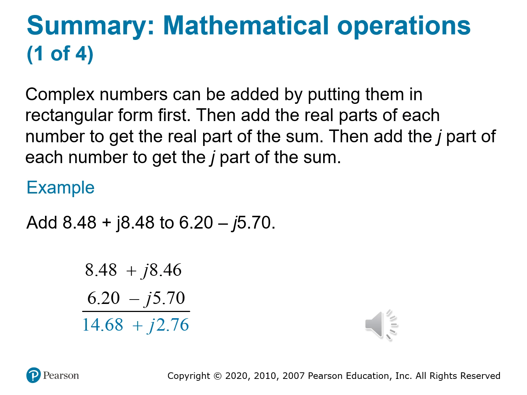Go ahead and add those together, and that gives you 14.68. Then you add the imaginary parts, and don't forget to take into account the sign. So we have 8.46 minus 5.70, and that gives us 2.76 for the imaginary. So the result for the real is 14.68, and for the imaginary, we have a sum of positive j2.76.